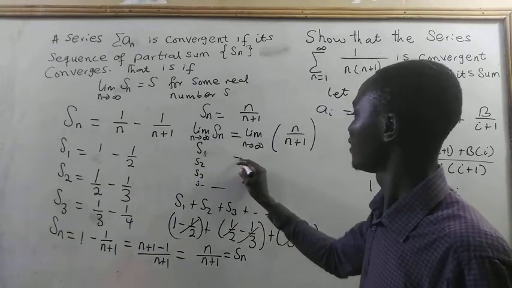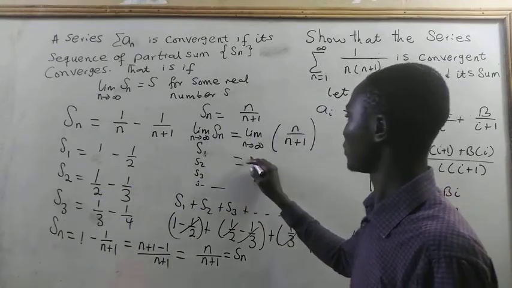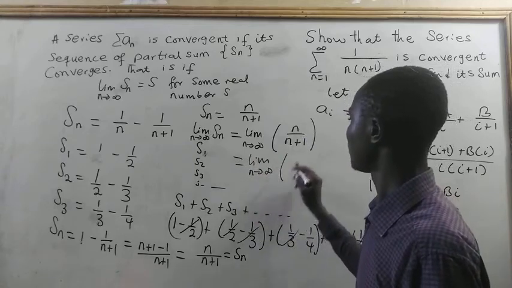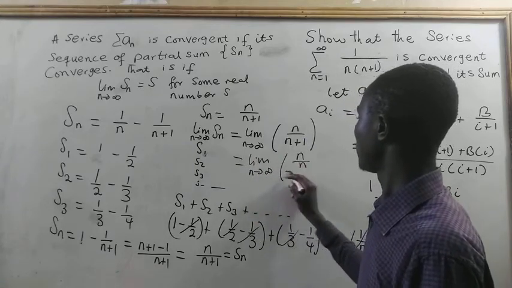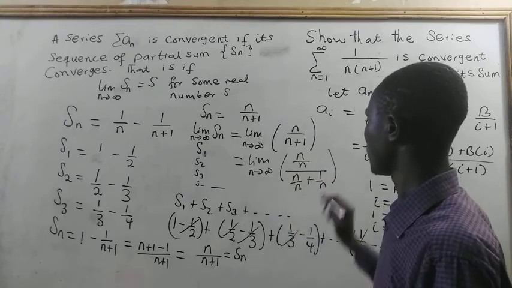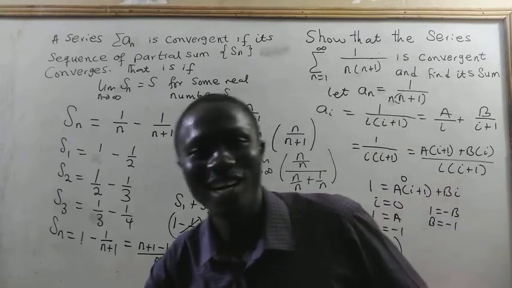So here we just divide through by n, that will give us the limit as n approaches infinity of n divided by n all on n divided by n plus 1 on n. Very, very simple as that.